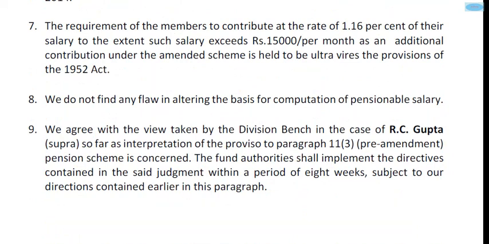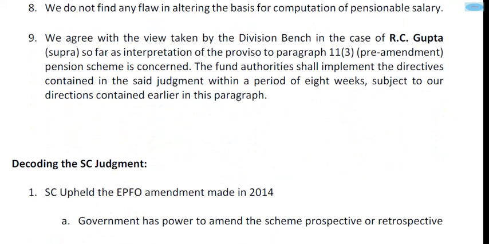That also they have said. We agree with the views taken by the division bench in the case of R.C. Gupta so far as interpretation of the provision to paragraph 11.3. That means it is settled. The fund authorities shall implement the directives contained in the said judgment within a period of 8 weeks, subject to direction contained earlier in this paragraph. That's what the Supreme Court concluded.